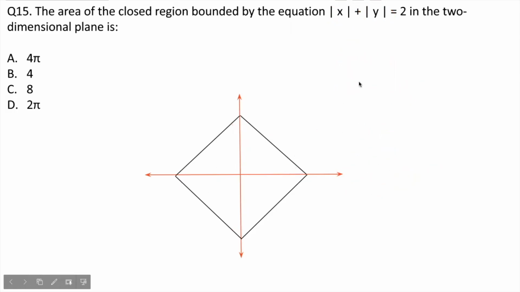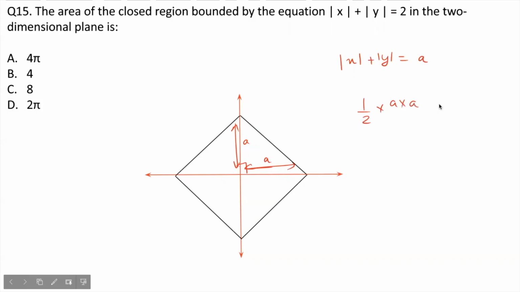Another general approach you can use in these questions now is if you have mod x plus mod y is equal to, let's say, a, guys, we can observe that in all the four quadrants, we will have triangles, actually isosceles triangles having perpendicular sides, a units each. So area of one such triangle will be half into base into height.